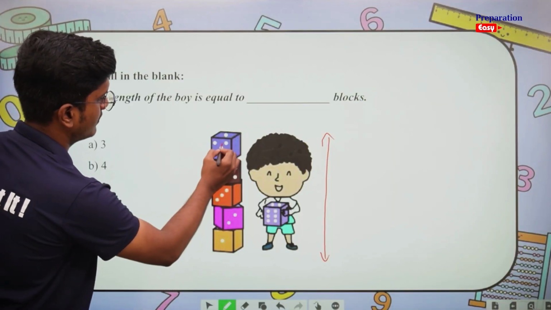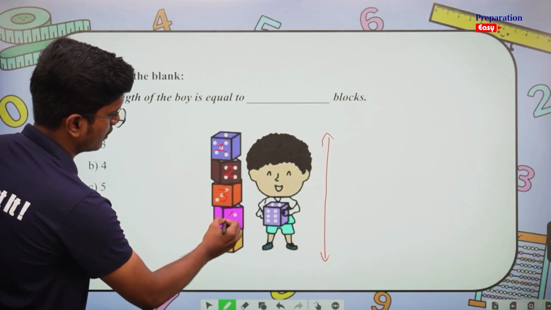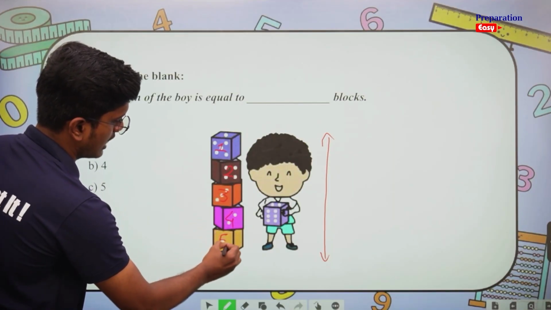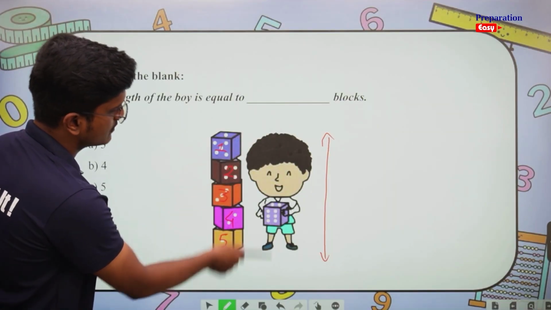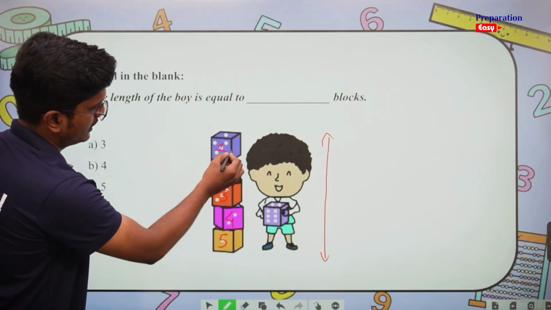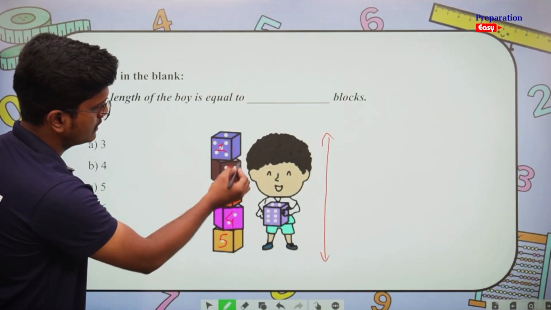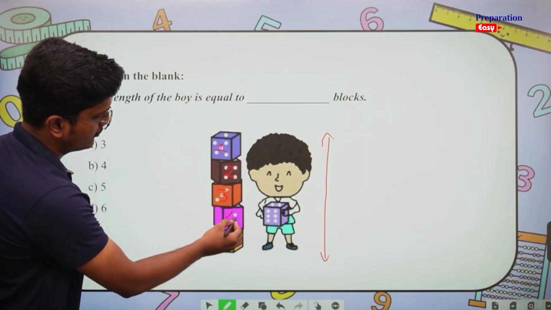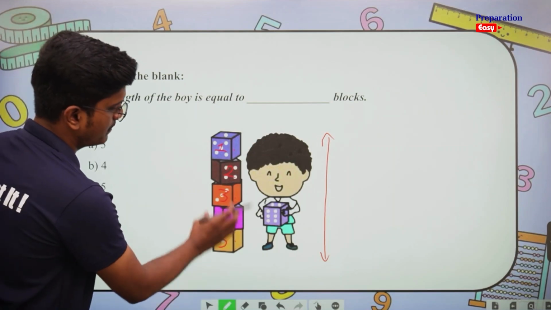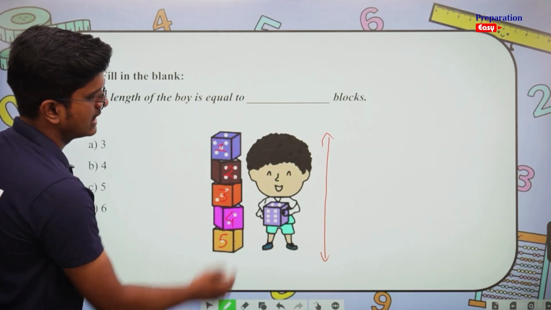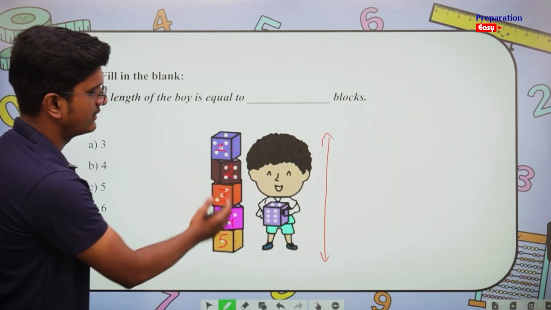We have one block, second block, third block, fourth block, and fifth block. So if we consider according to blocks, the height of this boy is 1, 2, 3, 4 and 5 blocks. If we keep these 5 blocks in front of this boy, it's exactly the height of this boy.